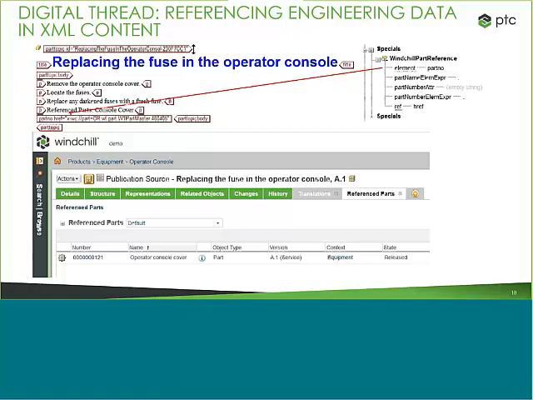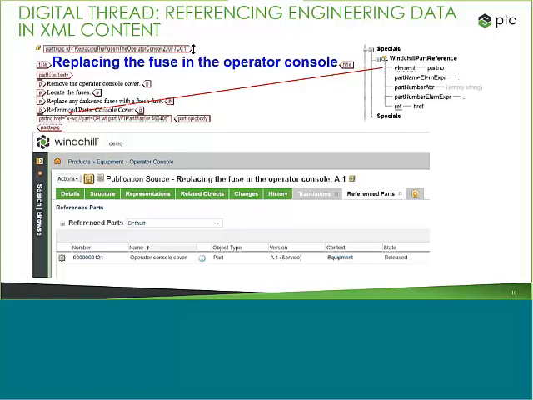But in this case, rather than file equals such and such, it shows part equals and then gives the Windchill identifier for the part master. So what you've got now is you're saying, okay, this specific document which is about the operator console will have a direct link to the actual part, which is the operator console cover.